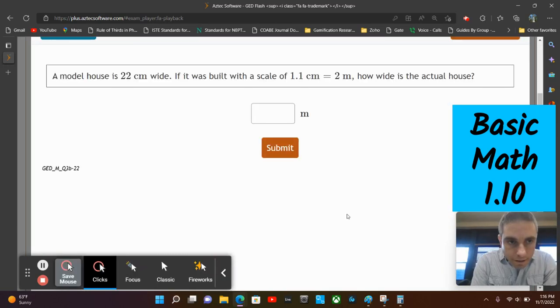Okay. A model house is 22 meters wide. If it was built with a scale of 1.1 centimeters equals 2 meters, how wide is the actual house? Okay, so we have a question here that involves a scale, or a scale factor, as it's sometimes called.